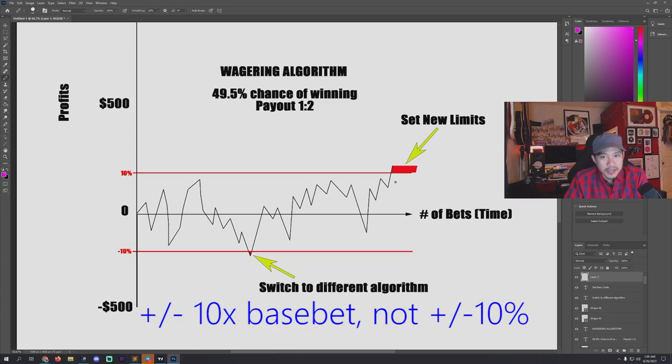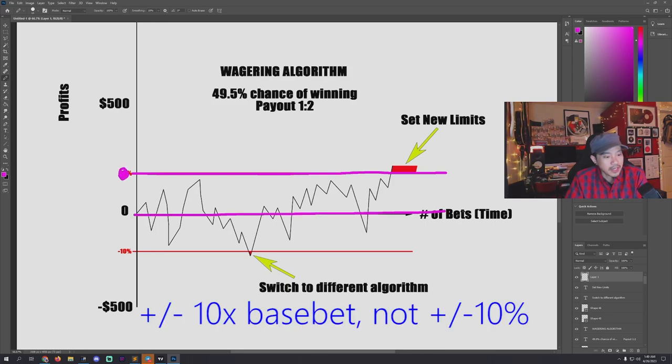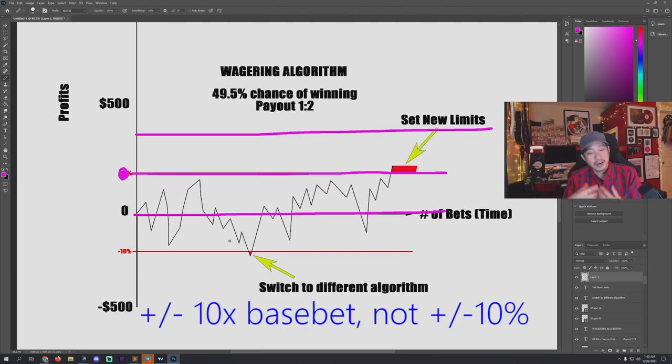Since we're above 10%, let's take the profit. You had $100, now it's 110, we take $10. We set our new 0 line to be here. So now this is 0, and our new minus 10% line would be somewhere down here, and our new positive 10% line somewhere there. And now the algorithm repeats itself again.